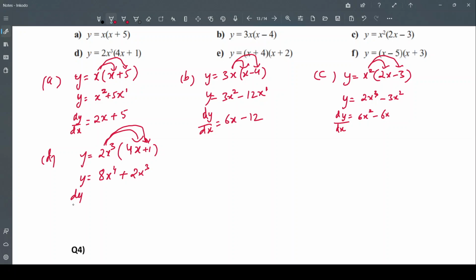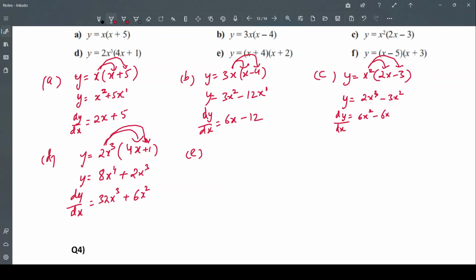Now we'll differentiate with respect to x. So 8 times 4 is 32. For x cube, when we subtract 1 from the power, that becomes x cube, plus 3 times 2 is 6x square. So this is how it's done.